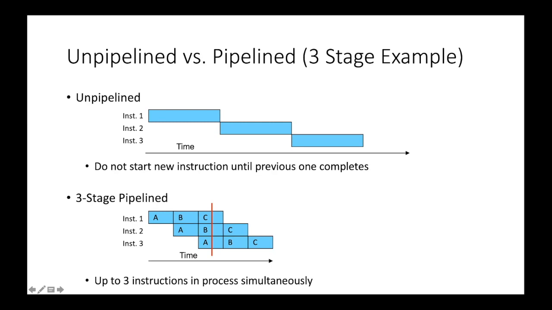Remember that this is possible because the hardware has separate and independent hardware units for each stage. Therefore, on 3-stage pipelined processors, up to 3 instructions are executed simultaneously.